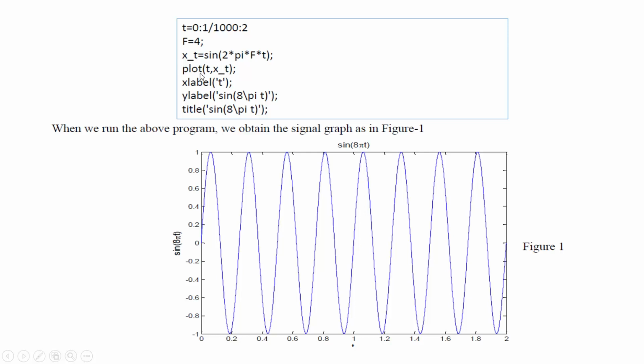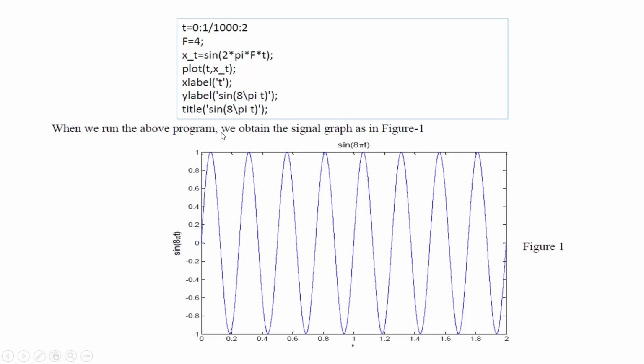Now we need to plot the signal. We can plot the signal in Matlab by plot t, which will be on the x-axis, and xt. These will be the steps that will be coming onto the x-axis, and the sine wave will be generated starting from the 0 in the time axis, right? xlabel will label this x-axis with the t, ylabel will label this axis as sine 8 pi t.